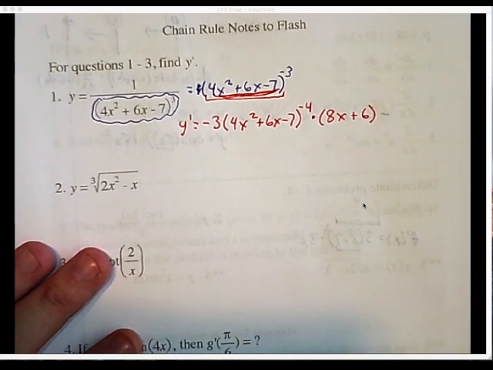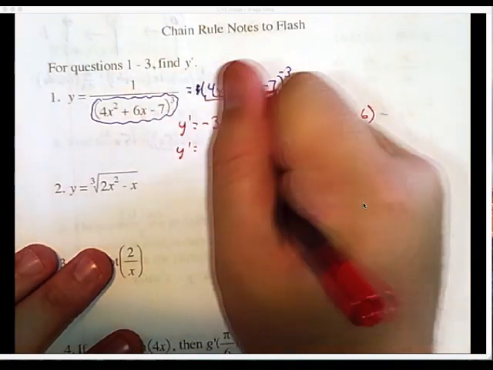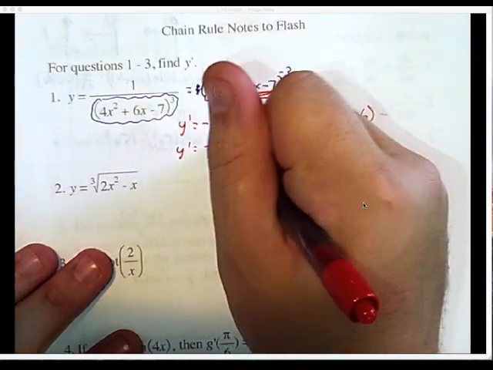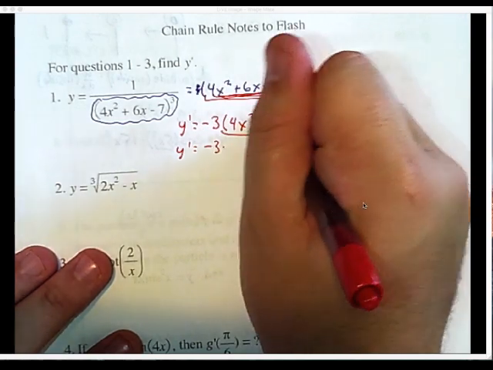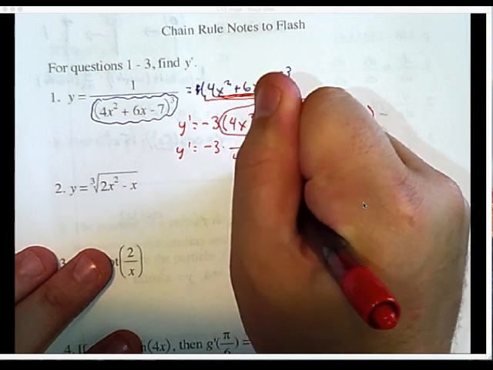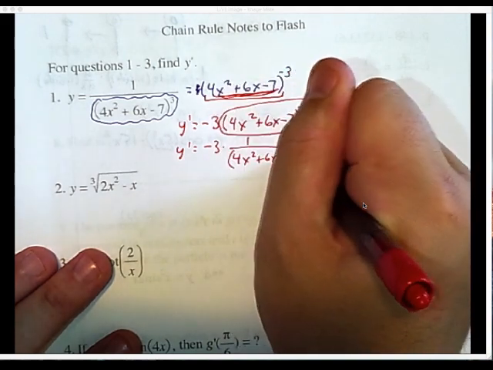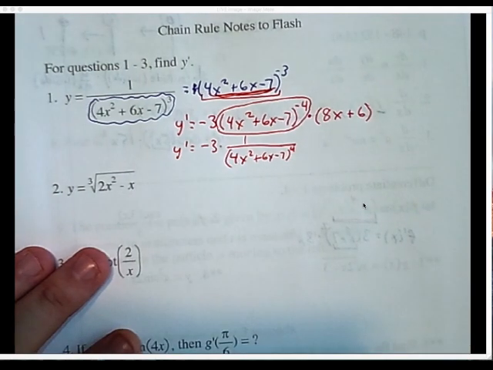If you wanted to rewrite this, you could take this thing right here and move it back to the denominator, because it does have a negative power. So we could move that back to the denominator like that.